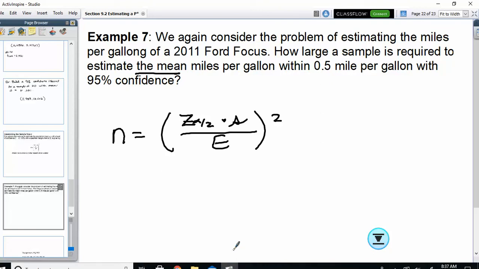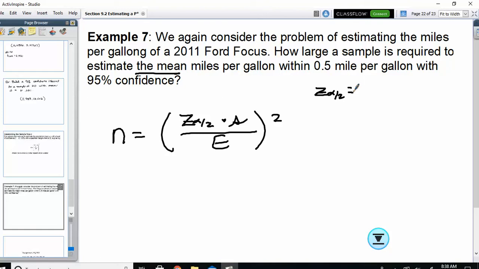If you try to use the first one, you're going to have a problem because it's going to ask you for a p, and we don't have p's mentioned here because we're talking about the mean. Within 0.5 miles per gallon with 95% confidence. Okay, so we need to figure out all of our stuff. My z alpha over 2.